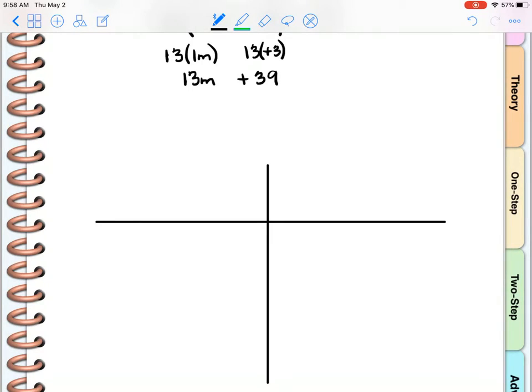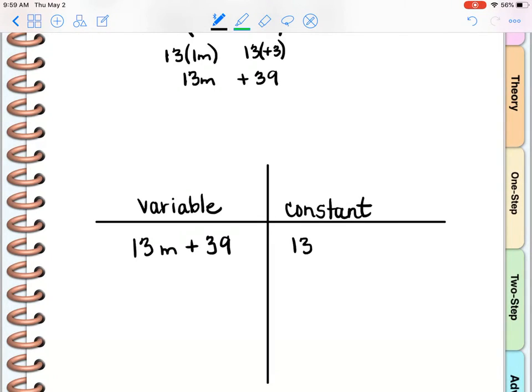We have 13m plus 39, and that's the variable side, equals the constant 13. So we need to move the 39. 13m, and then 13 subtract 39.